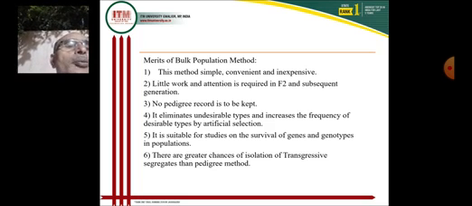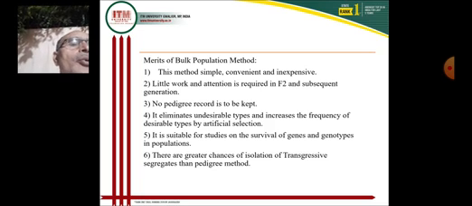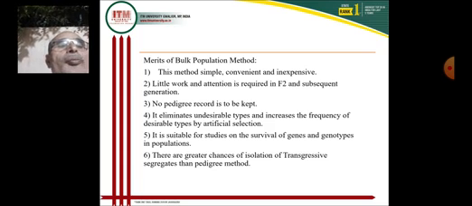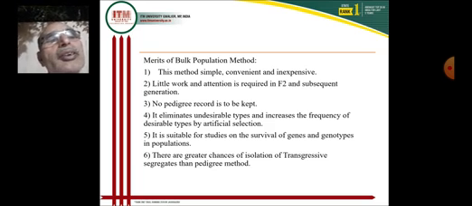It is suitable for study on the survival of the genes and the genotypes in the population. There is a greater chance of isolation of transgressive segregants than in pedigree method. So, in this method, transgressive segregants can be isolated.